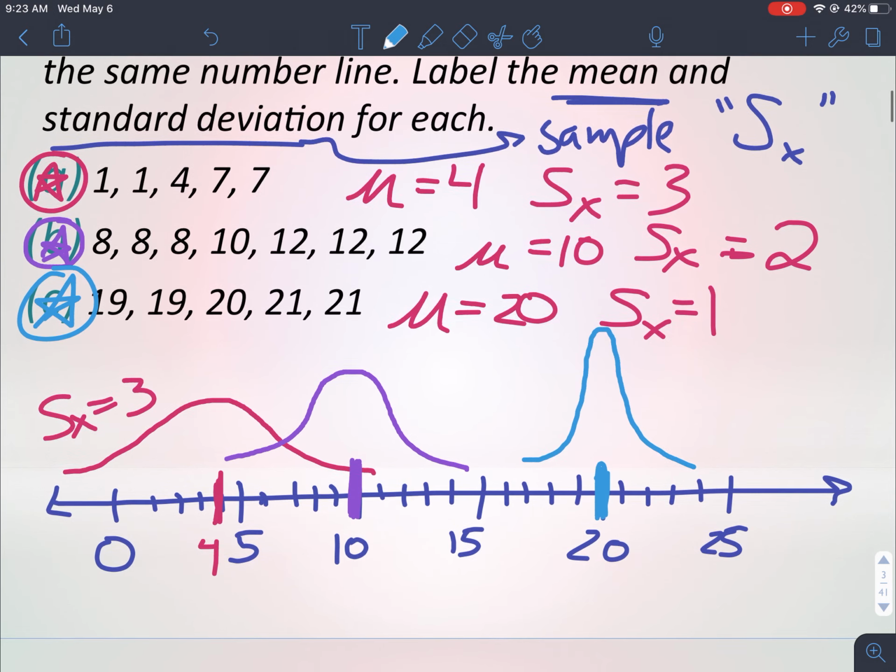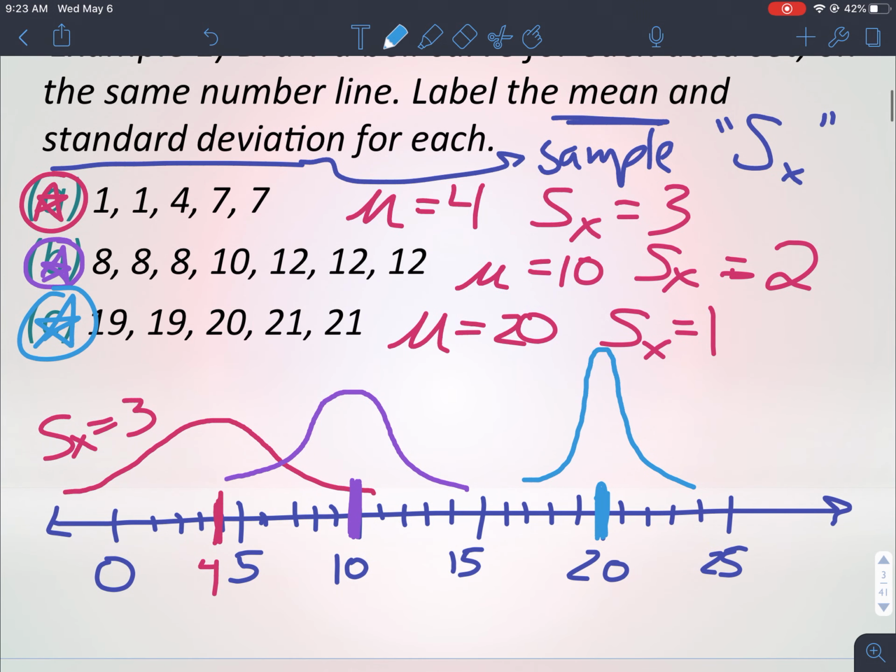What we're going to say is the smaller the standard deviation, the less spread out the data set. Let's think of all of these as normal bell curves.